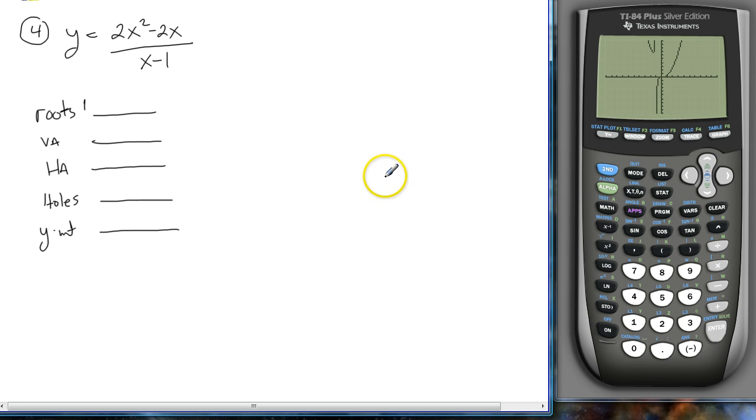Take a look at number 4. What you need to do is factor the top, factor the bottom, and fill this out. See what you got. Go.